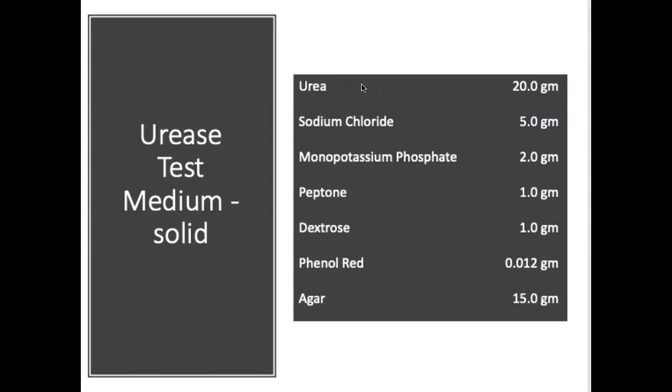If the microbe has the ability to break down urea with the enzyme called urease, a molecule called ammonia is going to be produced, and ammonia is going to turn the culture medium alkaline. It's going to raise the pH above 7 and turn it alkaline. That's going to cause the phenol red to turn color.